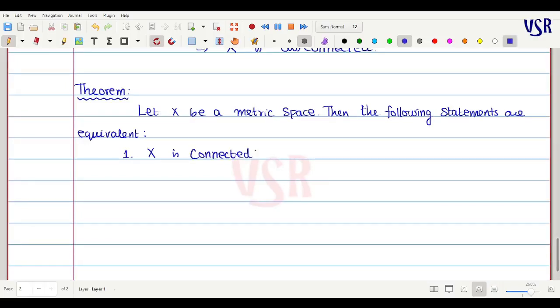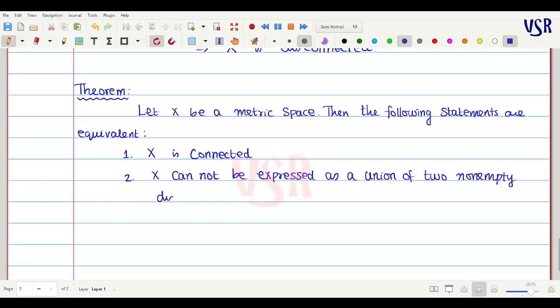Number two, capital X cannot be expressed as the union of two non-empty disjoint closed sets.